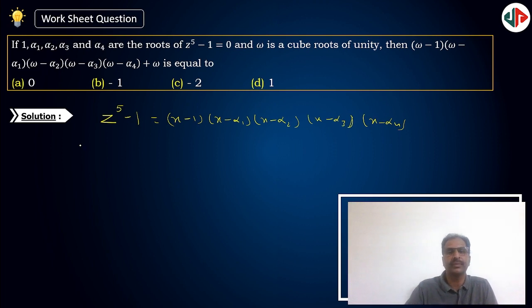Now, since we require omega minus 1, omega minus alpha 1, put x is equal to omega.